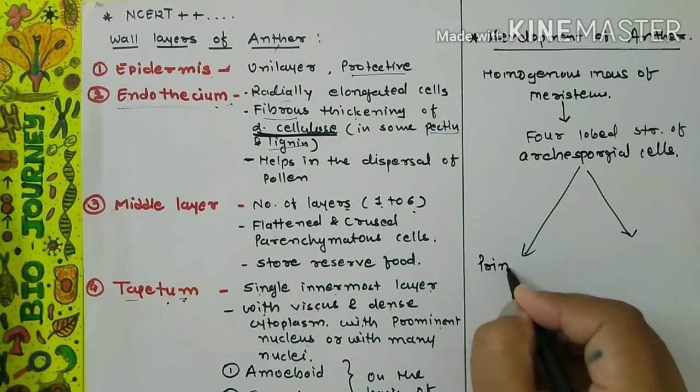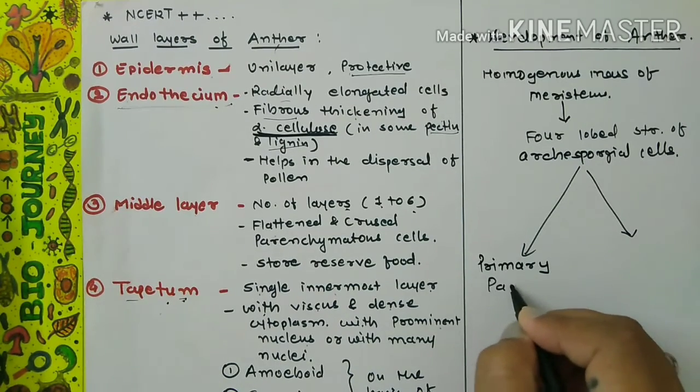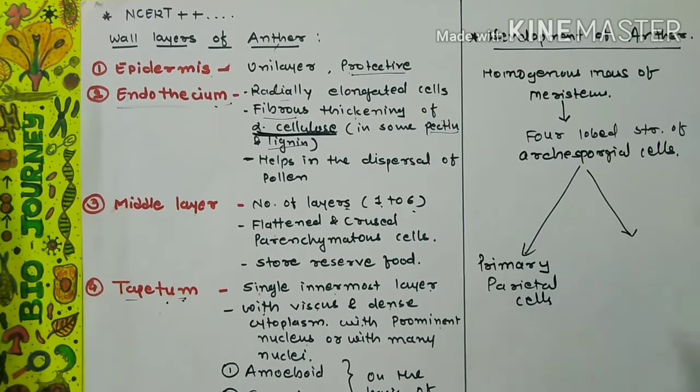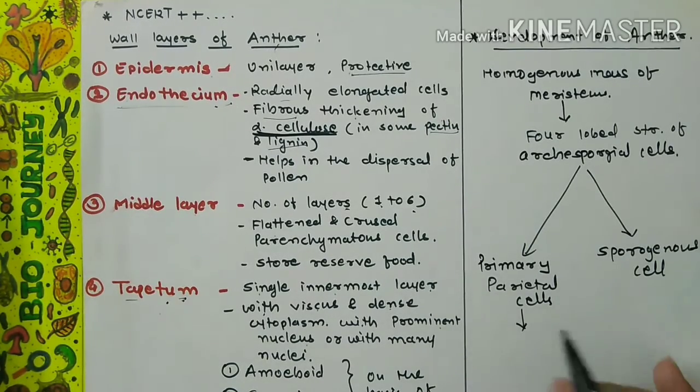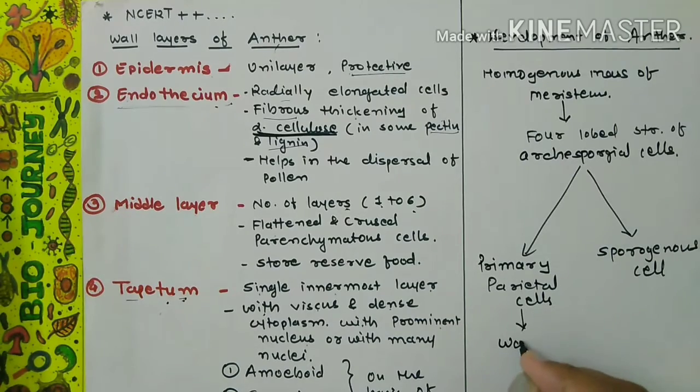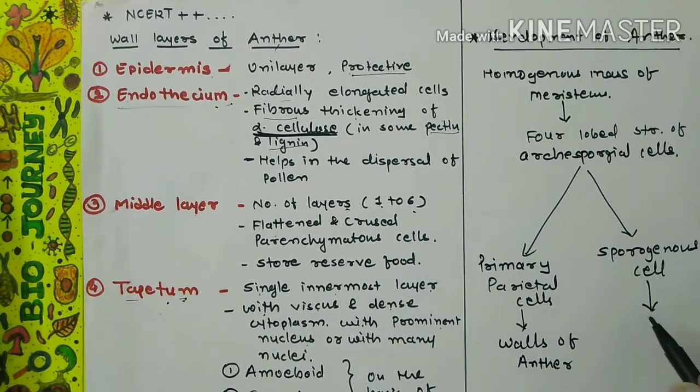One is known as primary parietal cells, and the other is sporogenous cells. The primary parietal cells divide several times and make the walls of the anther. The sporogenous cells also divide a few times and make the microspore tissue, in which all the cells are known as PMC. Okay, thank you.